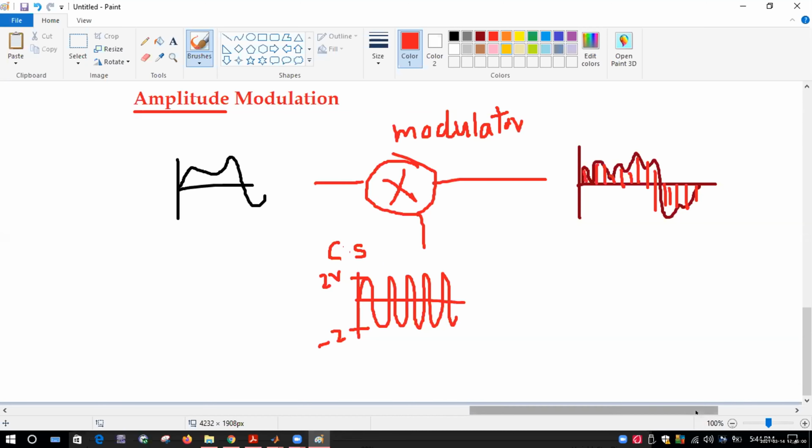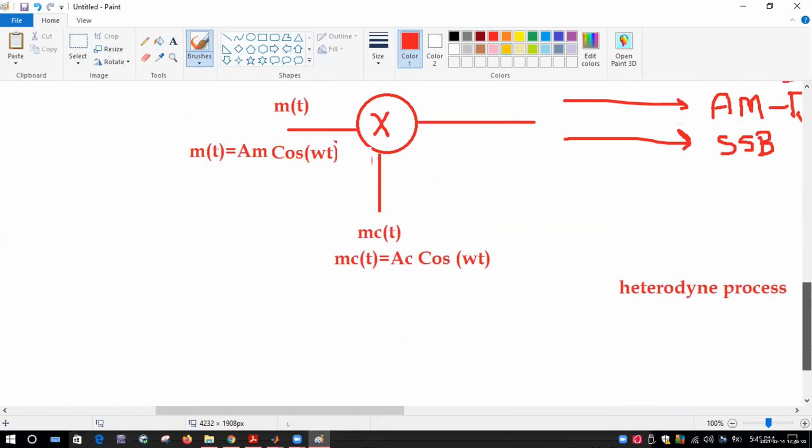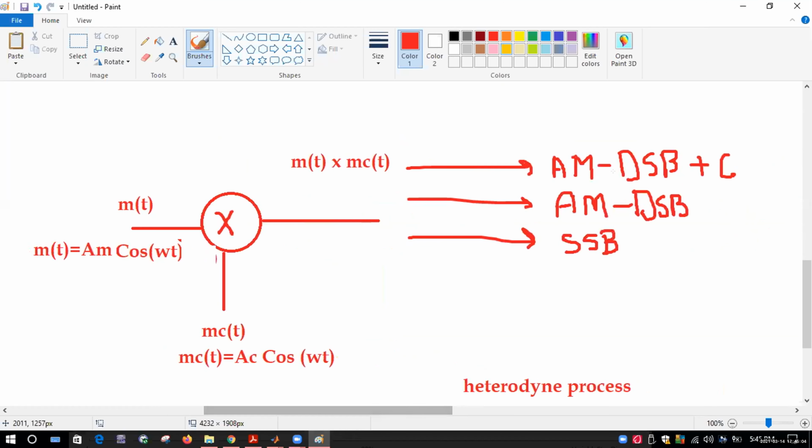Now let's go a little bit back to where we stopped. We talked about double sideband plus carrier, double sideband with no carrier, and single sideband. As I told you, amplitude modulation means changing the carrier amplitude with the information signal. But when we do that, actually three things happen.